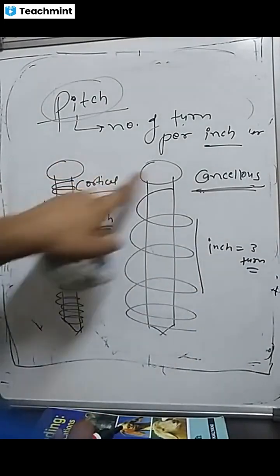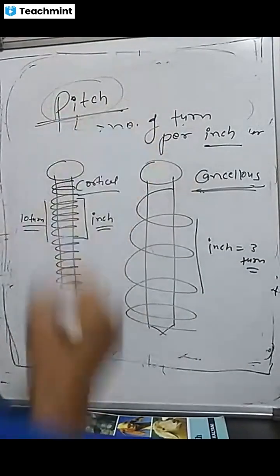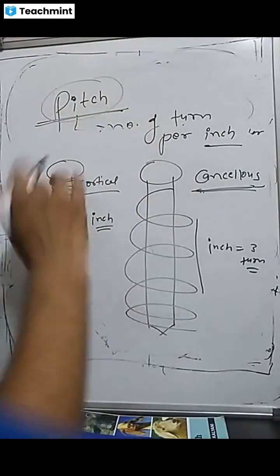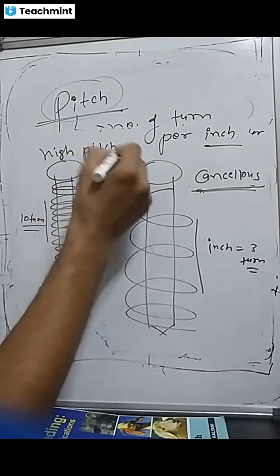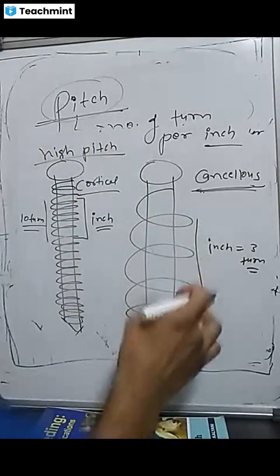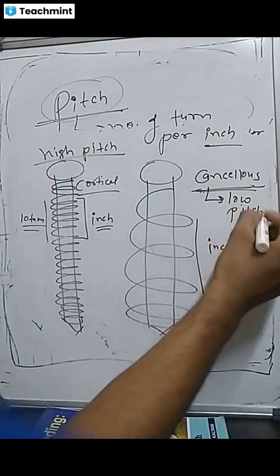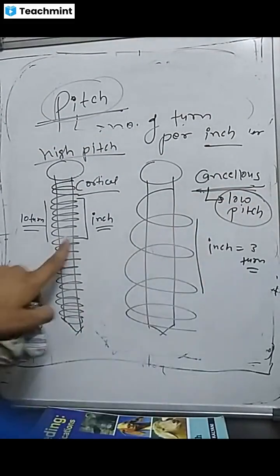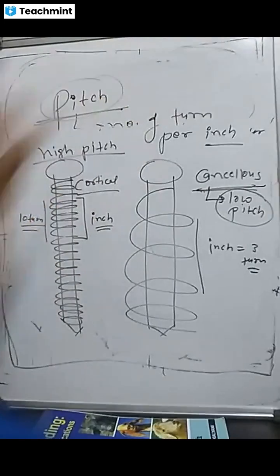So which screw is having high or low pitch? More number of turns means high pitch. Less number of turns means low pitch. This is the difference between cortical and cancellous screws with respect to pitch.